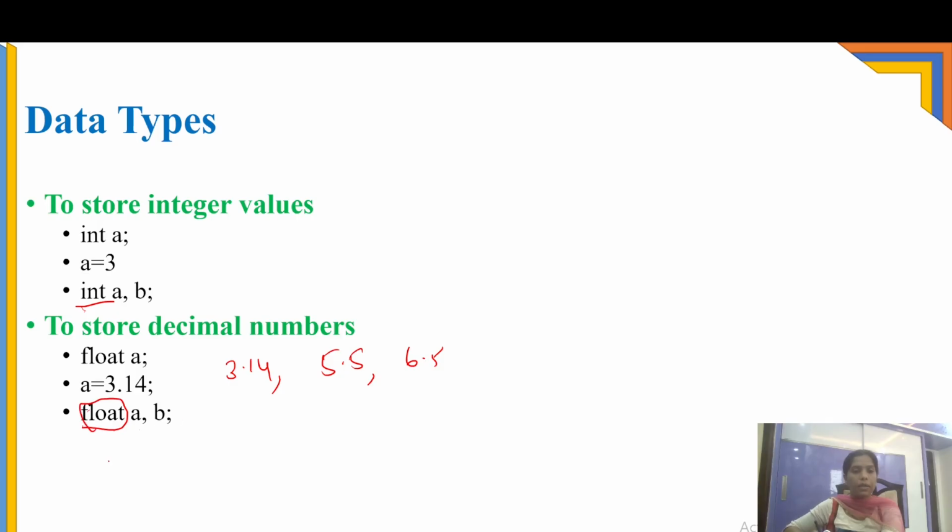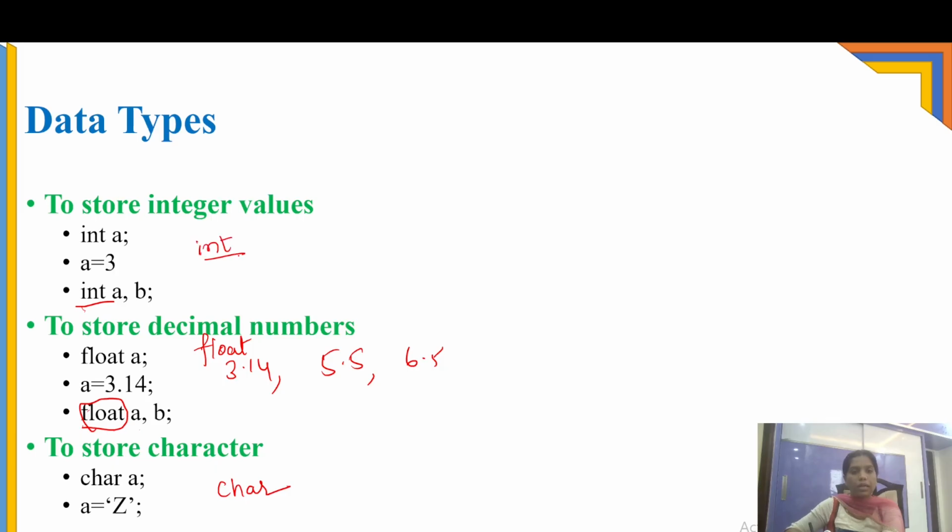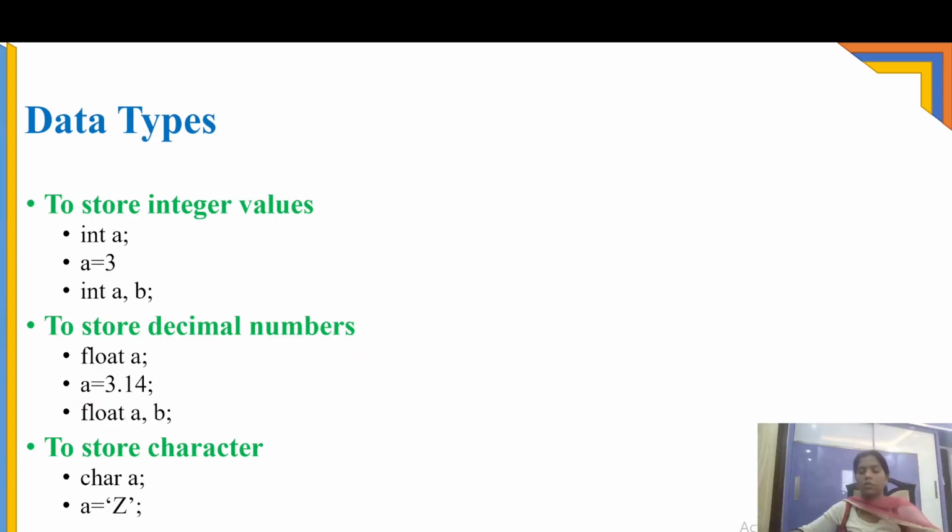Float is used for floating point numbers, decimal points. And to store characters like a, b, we use the char data type.